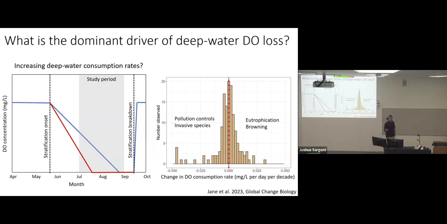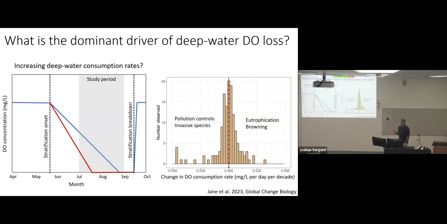But they were centered right at zero. The median dissolved oxygen consumption rate was centered right at zero, at least for the lakes that we had data for. So this is a subset of the 440 lakes. This was about 150, 175 lakes for which we had these data.